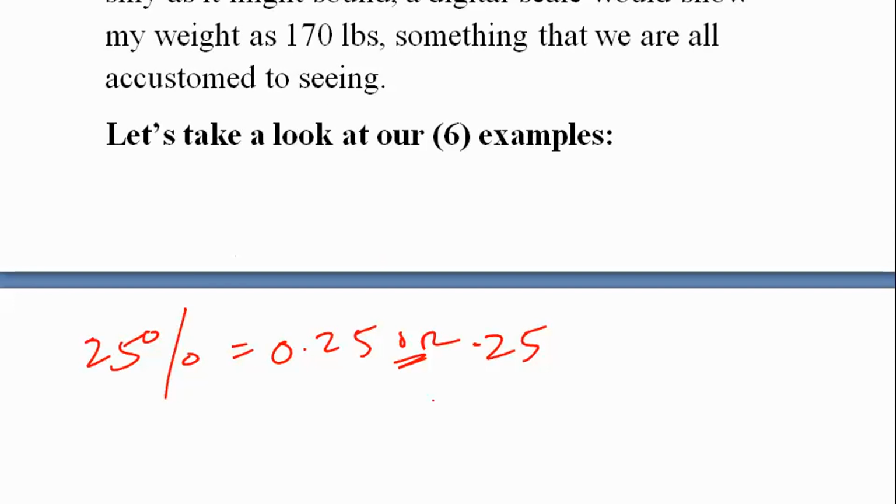Now either answer is correct. The 0 is just acting as a placeholder. So in this example, our decimal point is here. I move 1, 2, and add our decimal point, because this is a whole number percentage, so the decimal point is going to be here.